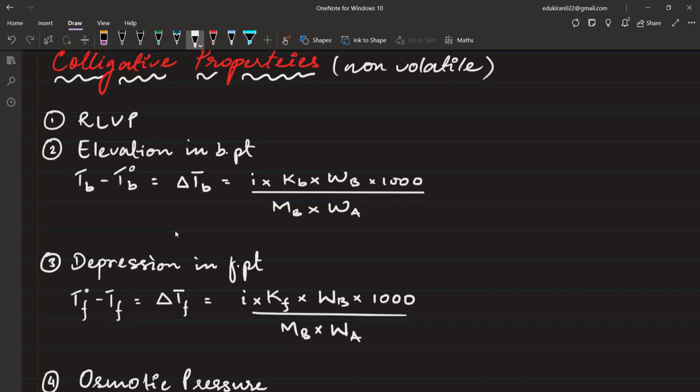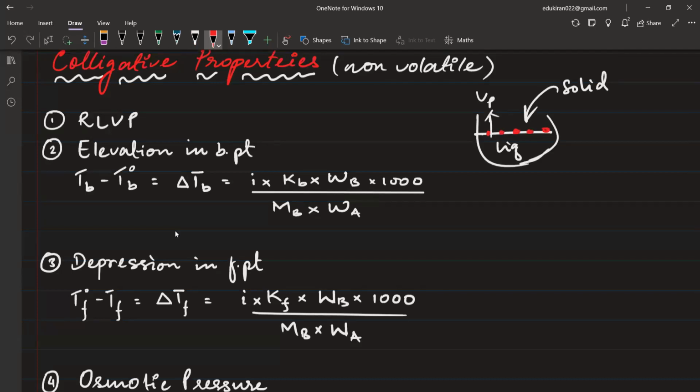Now, elevation in boiling point means what? When we have a solution, I just have a liquid A. When I have only liquid, there will be some vapor pressure. Then I added some solid. Now, this solid will acquire some space in the complete solution, and also on the surface.